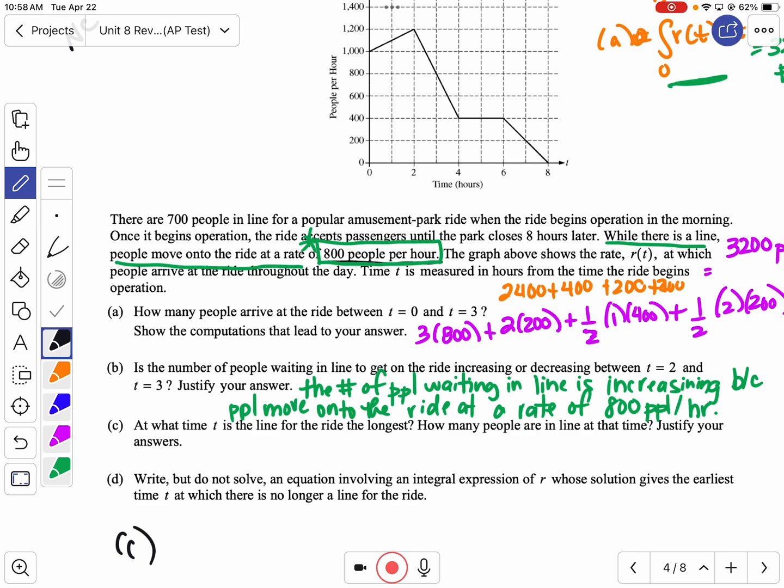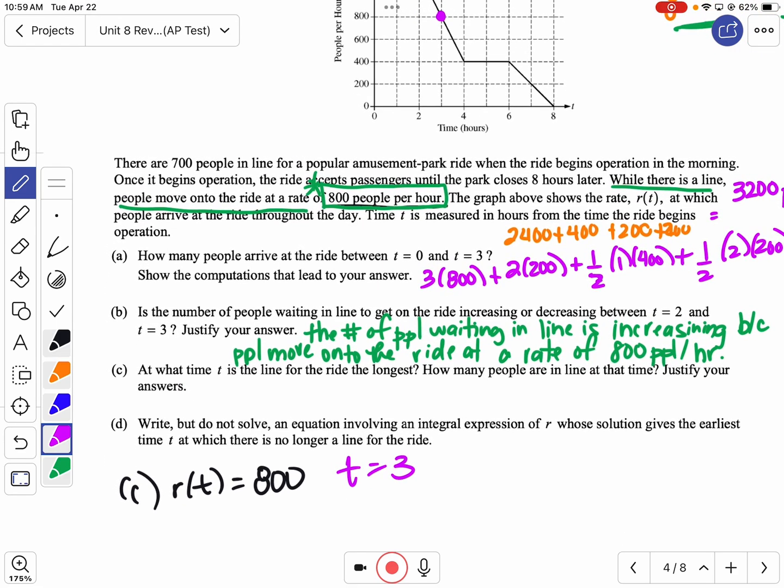Because we got to know where it breaks even, right? Because we know we're getting on the ride and we're getting in the line and all that stuff, right? It has to break even, all right? When that R of t, it happens when I got how many people? 800, okay? And when does this picture that they gave me equal 800 at what time? At 3, okay? So at t equals 3, so that's one of our options.